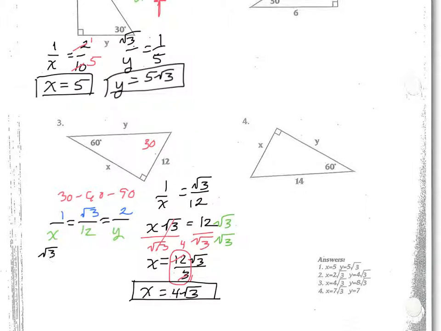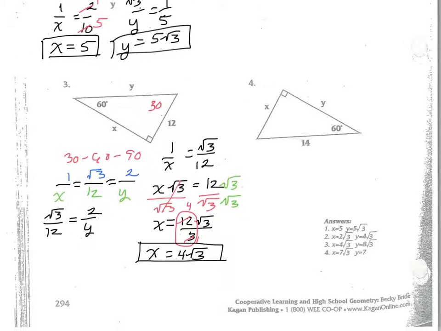So then let's find the hypotenuse. Radical 3 is to 12 as 2 is to y. So when I cross multiply, I've got y times radical 3 is equal to 2 times 12, which is 24. Again, when I solve for y, I'm dividing by rad 3, which we can't have, right?